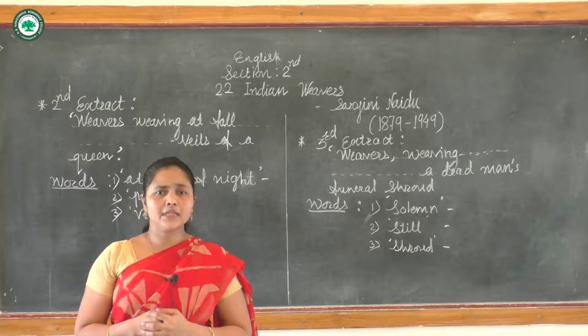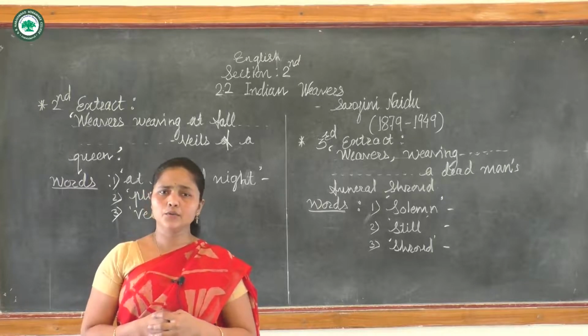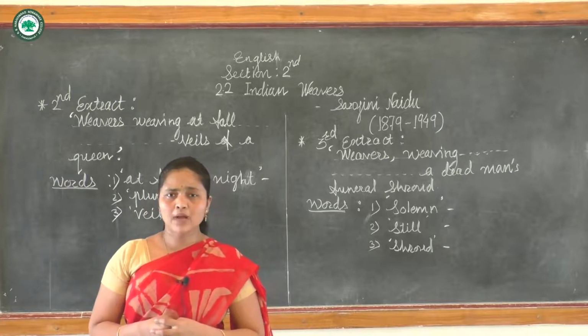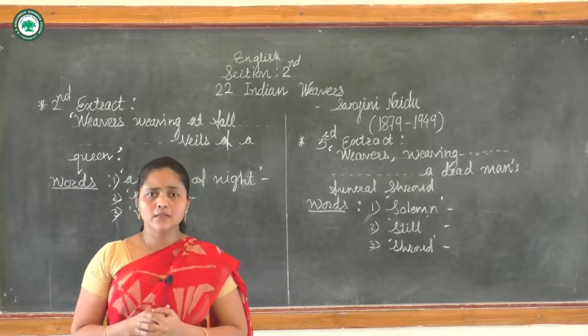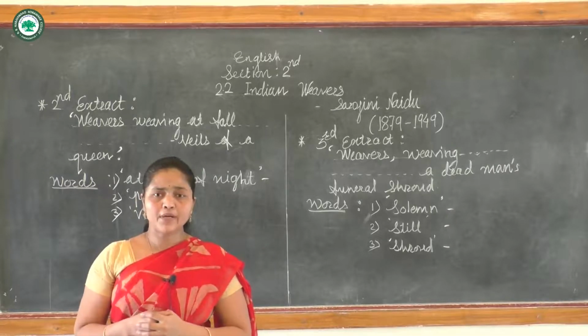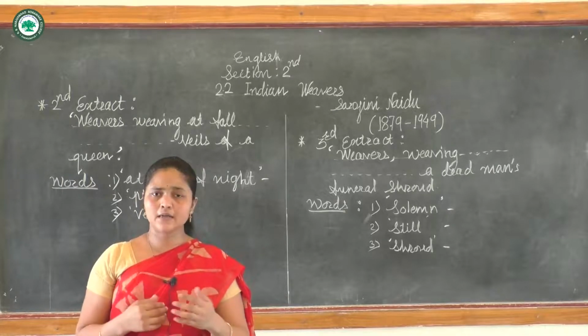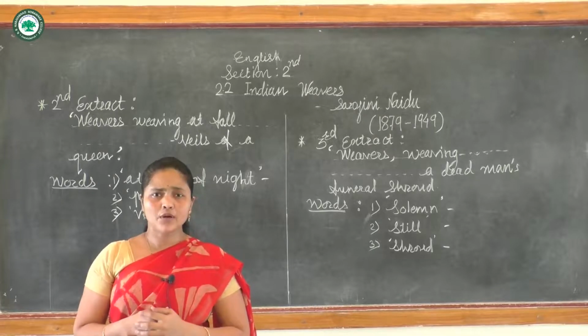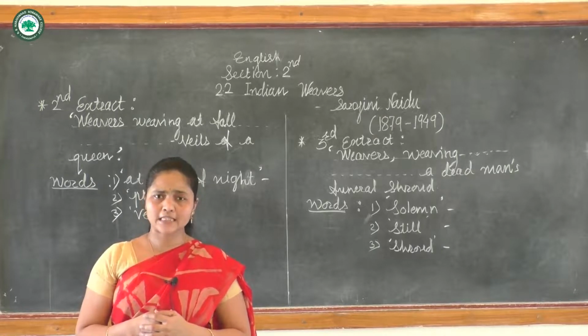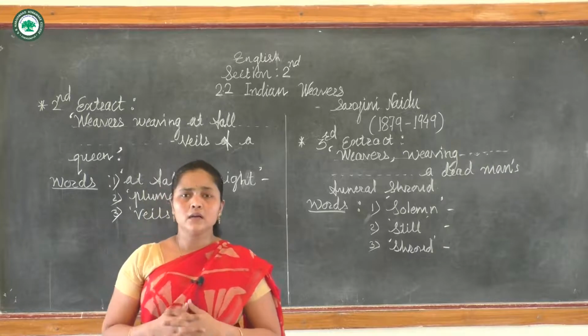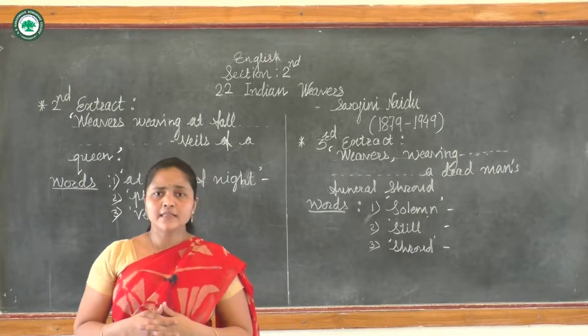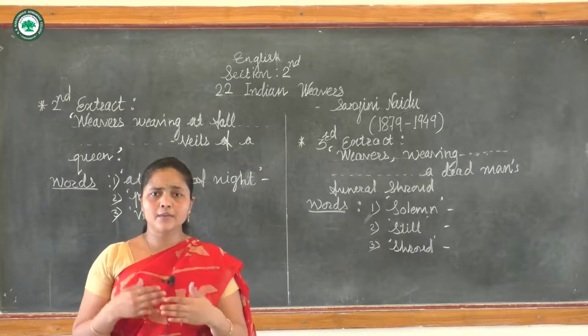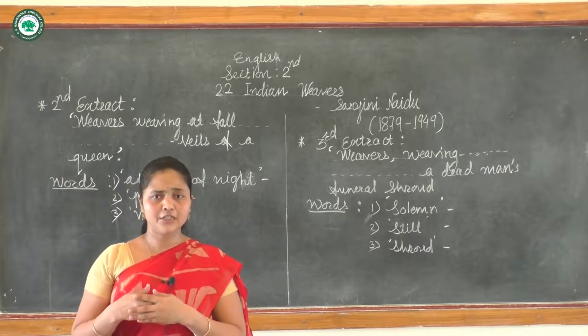At that time in India there was the rule of the British government. That's why newspapers were banned, because they are one of the most important mediums to express one's thoughts, feelings and emotions. That's why newspapers were totally banned by the British government.